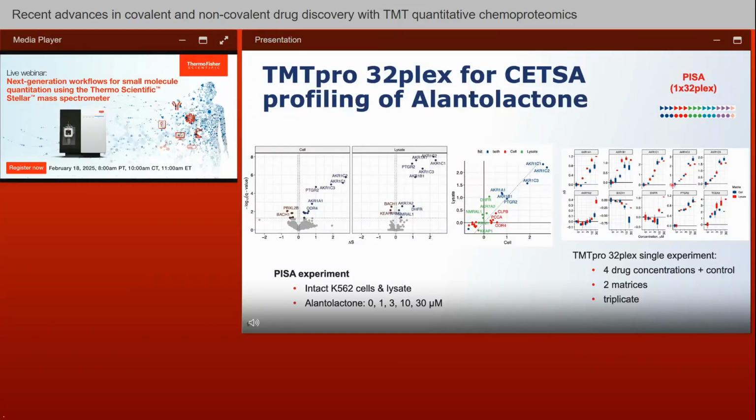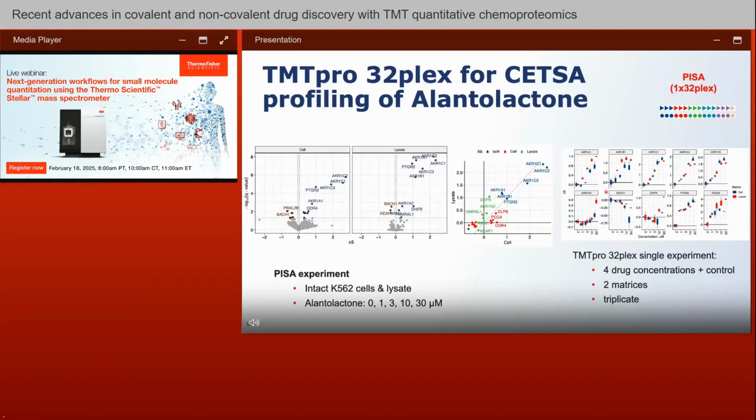For instance, for proteins like AKR1C1, C2, C3, we have almost overlapping concentration response in both intact cells and lysate, while for some proteins like AKR1A1 and B1, we see slightly lower concentration response in the lysate compared to the intact cell.